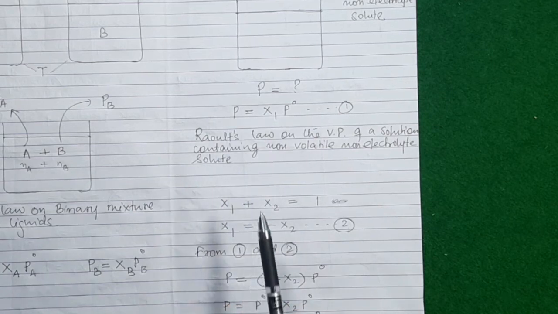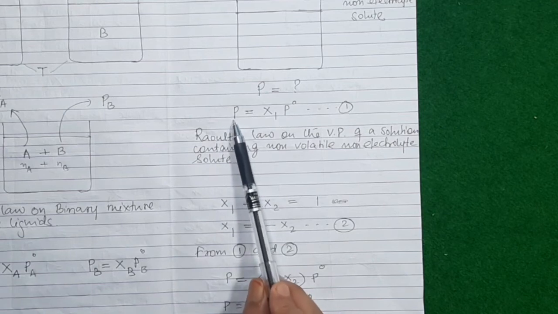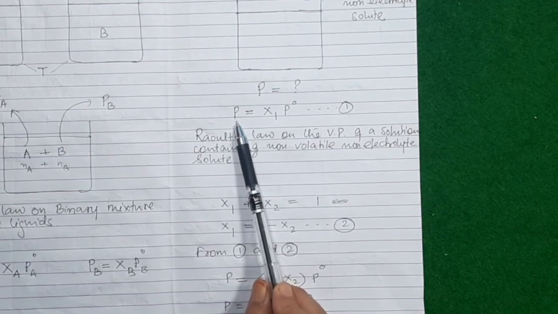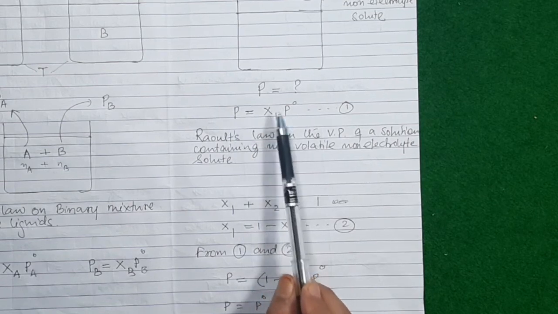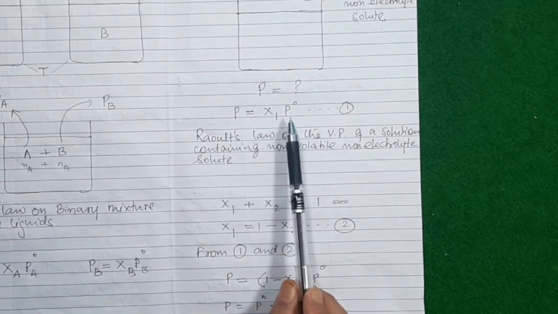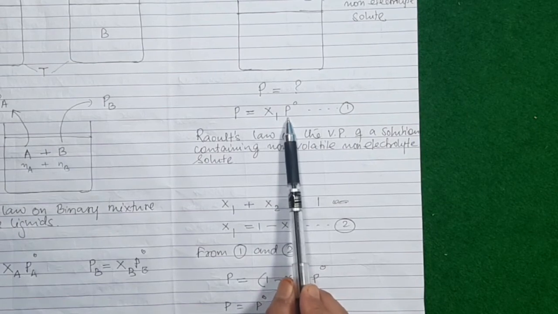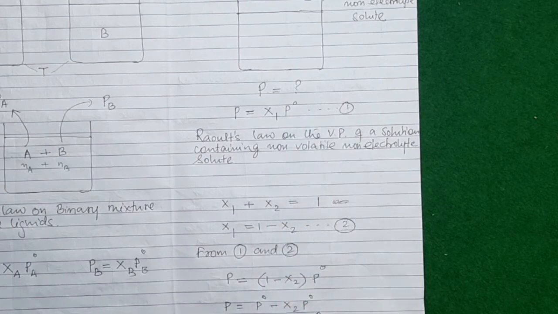What kind of solute do we have here? A non-volatile and non-electrolyte solute. So it is stated like this: the vapor pressure of the solution containing a non-volatile, non-electrolyte solute is given by the product of the mole fraction of the solvent and the vapor pressure of the pure solvent at the same temperature. That's Raoult's law. So we've got two Raoult's laws by now.